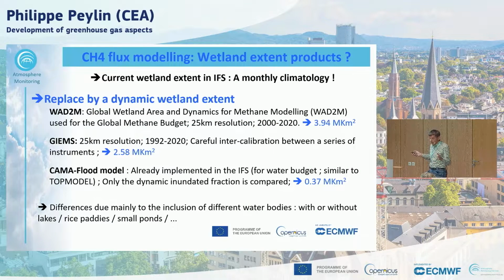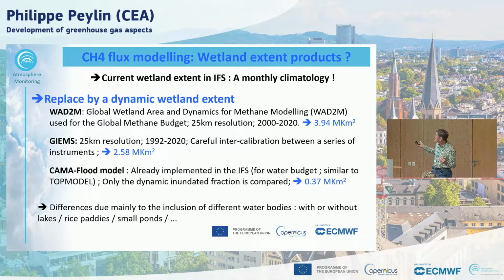So the current focus of our work, and sorry, the project has only started 6 months ago, so there are not a lot of results, is to replace the monthly climatology of the wetland extent that is currently in the IFS by something more dynamic. We have two satellite-derived products, the WAD2M and the GIMS product.